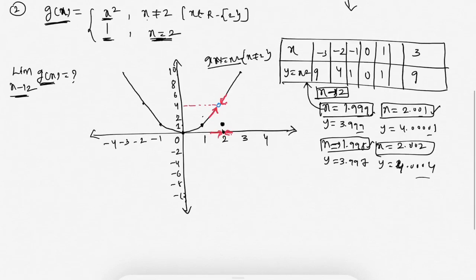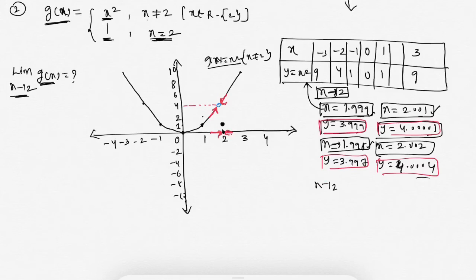Y is coming close to 3.99, 4.001, 3.997, 4.004. So what we can say here is as x is approaching 2, y is approaching 4. So that's what we can say here.